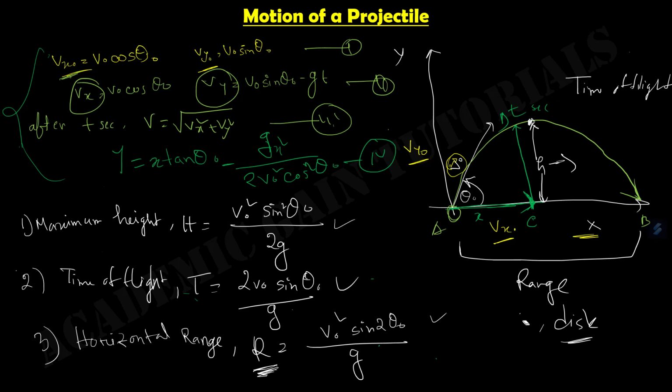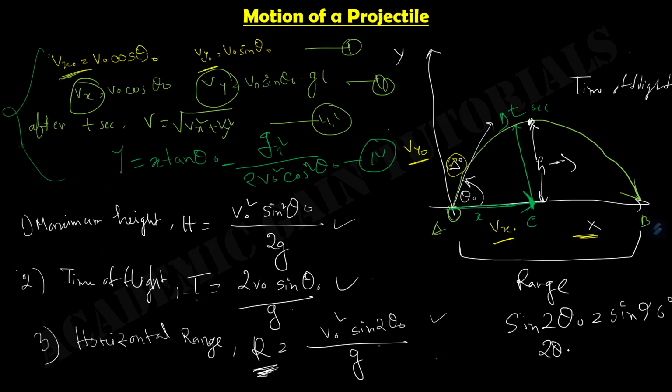So we know that the maximum value of sine is 1. Sine equals 1 when the angle equals 90 degrees.